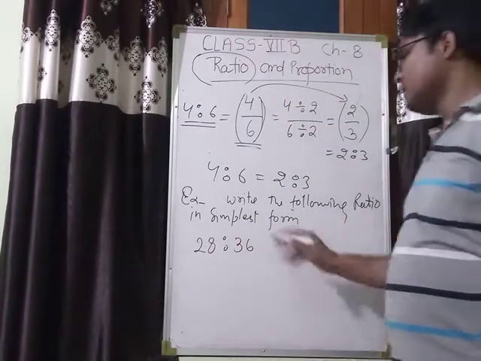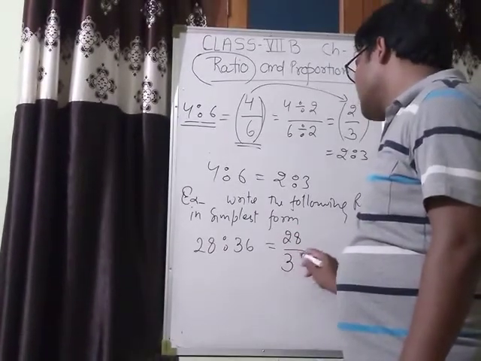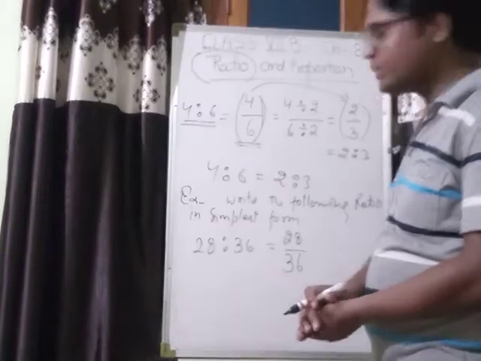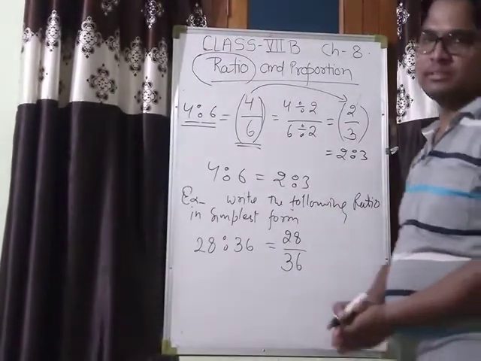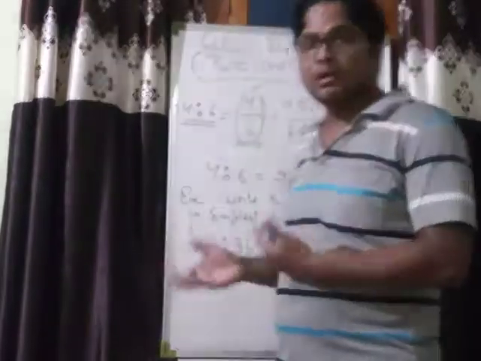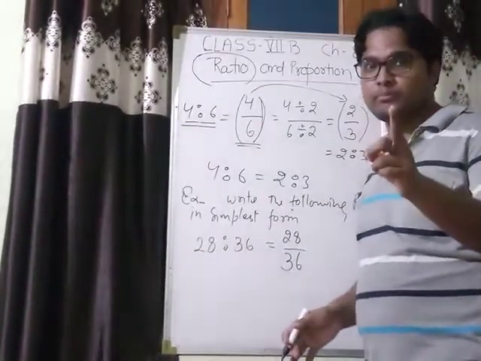Clearly this can be written as 28/36. Now what is the HCF of 28 and 36? You are able to find out the HCF of 28 and 36. It will be 4.